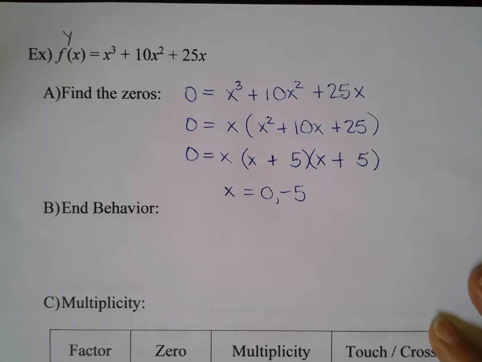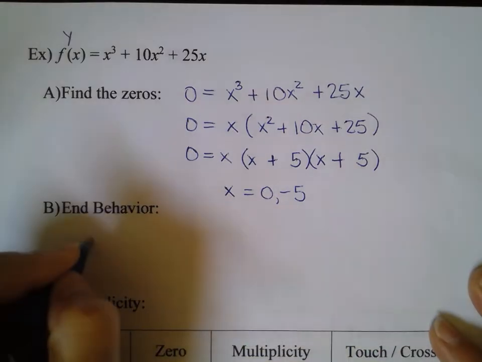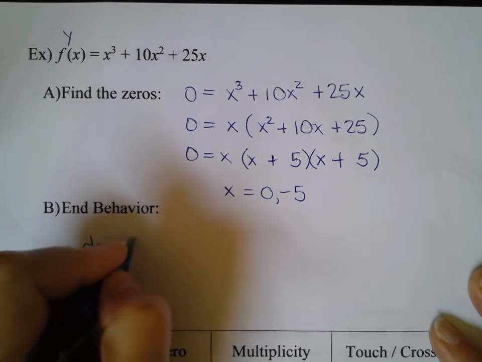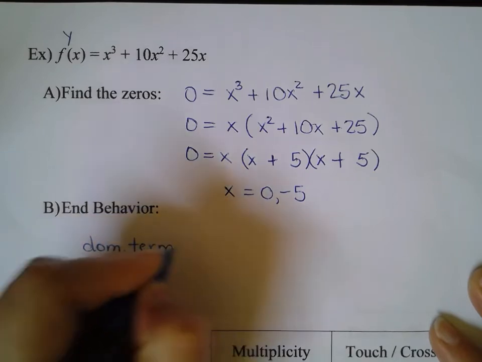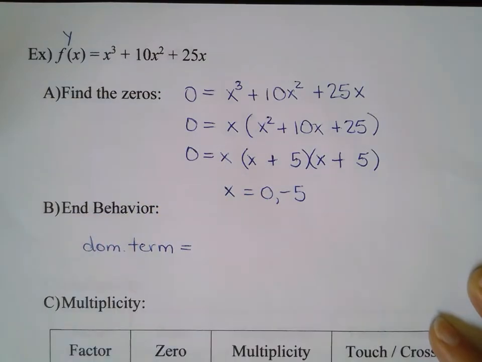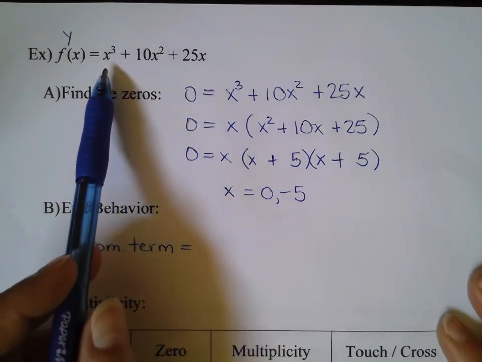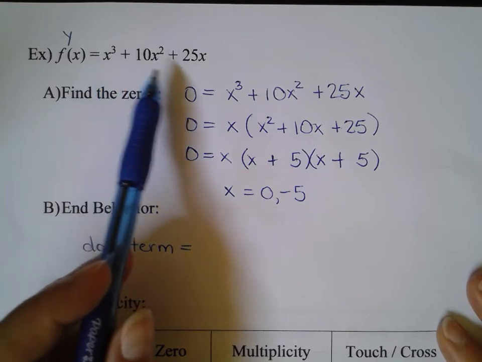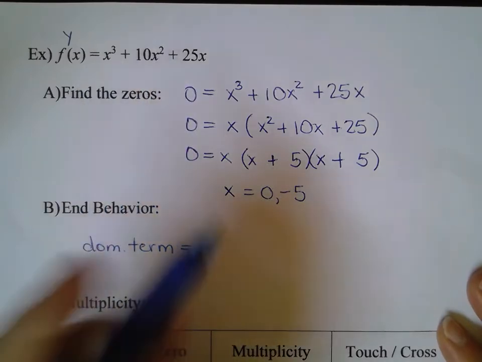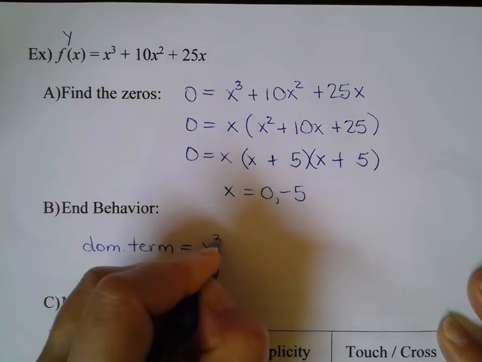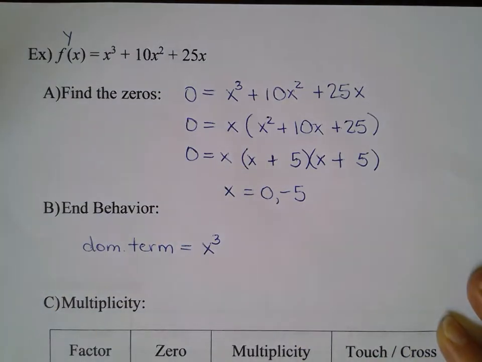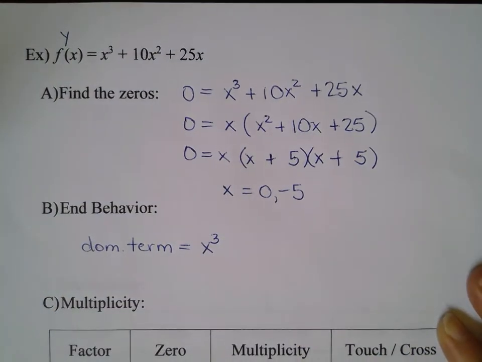Then we can talk about the end behavior. What is the dominating term? Remember we said that was the term in the polynomial with the highest degree. If it's in descending order from highest exponent down to lowest, that'll be the first term. So in this case, that's true. So x cubed is our dominating term.